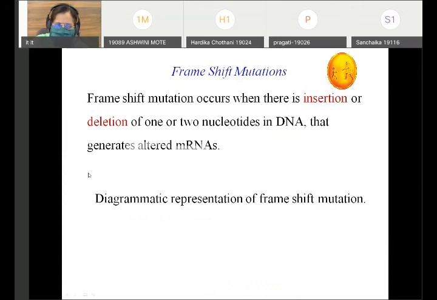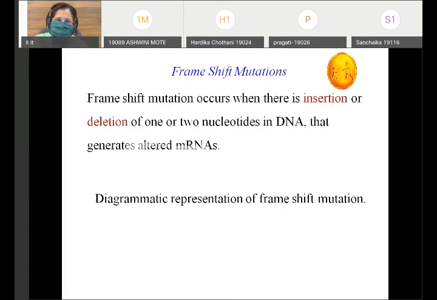In case of mutations, if a question is asked, you have to define the mutations and write down the types of mutations: point mutations and frame-shift mutations.